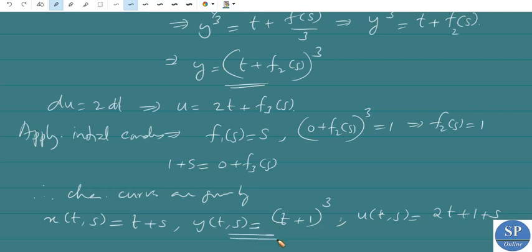So these are the parametric form of the solution.